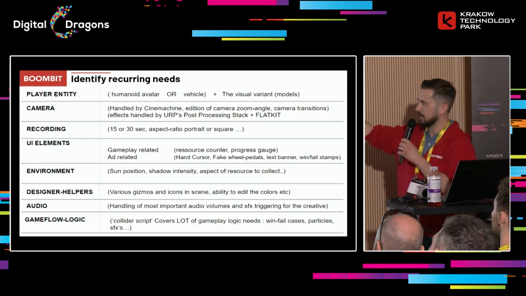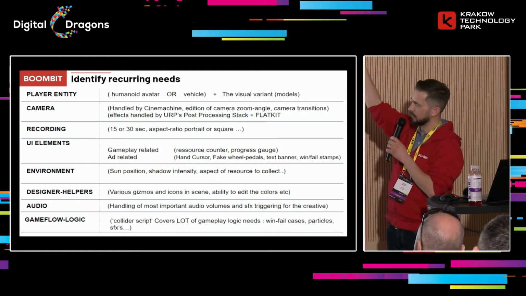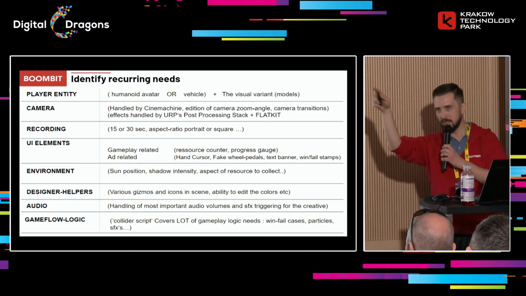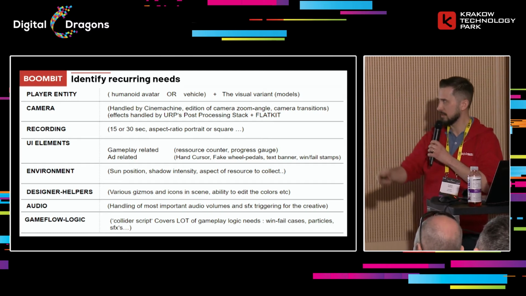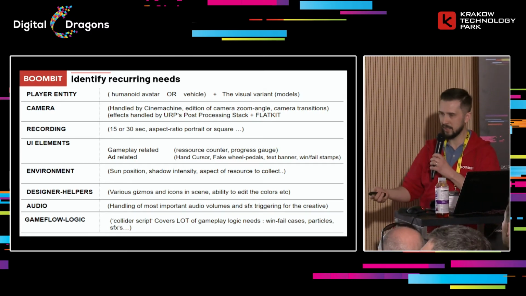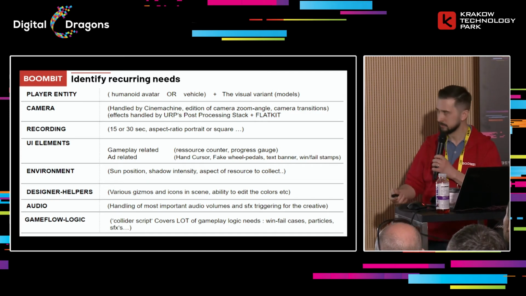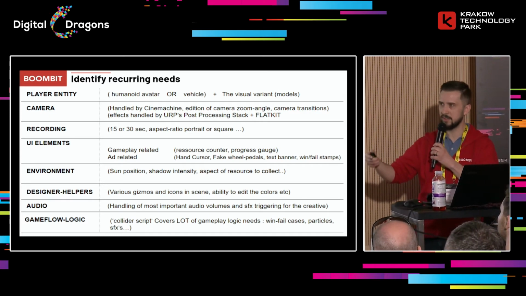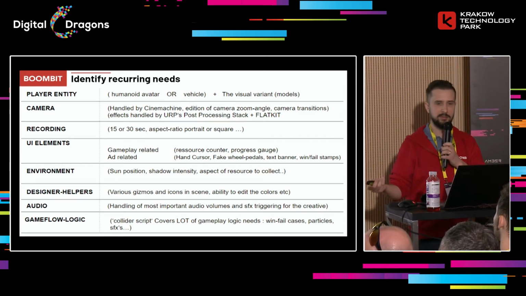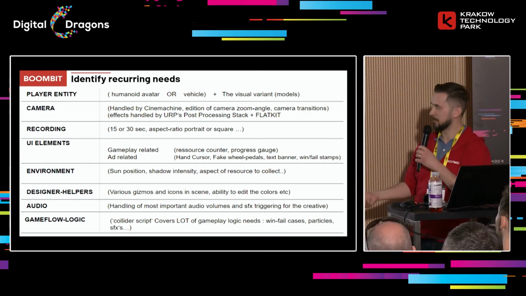But if he already has a player entity, which is a humanoid or a car, and you already have there as child objects all those Cinemachine cameras, well, it's perfect, because the developer doesn't really need to take care of that. He just needs to take care of what this entity will do in the world of the game, and not how to show this entity nicely through the camera.